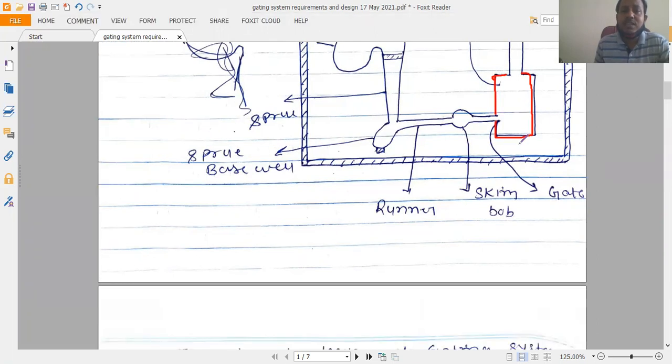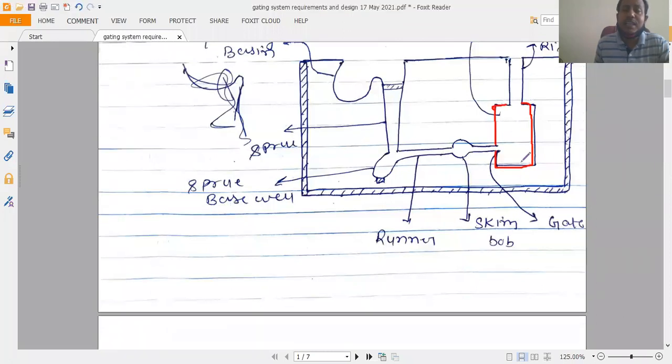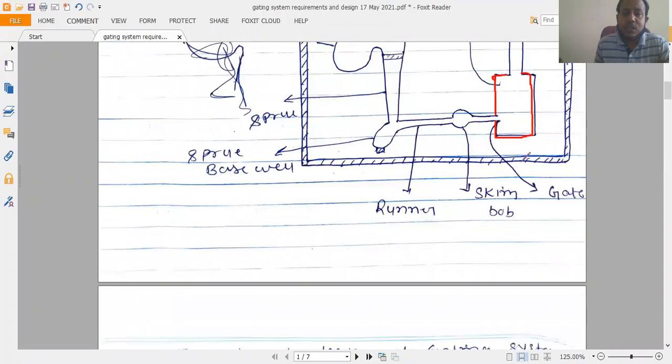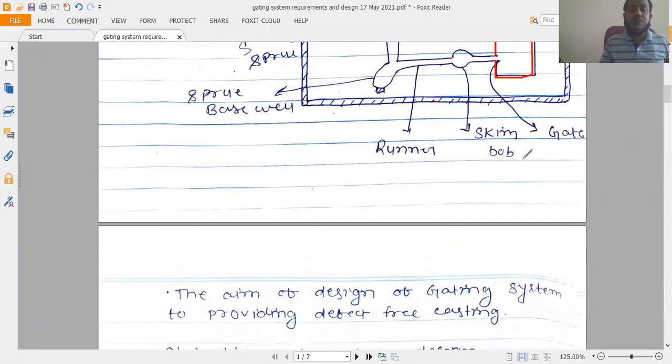Otherwise, if we pour the molten metal directly into the mold cavity, then mold erosion and dross formation will occur. What are mold erosion and dross formation?